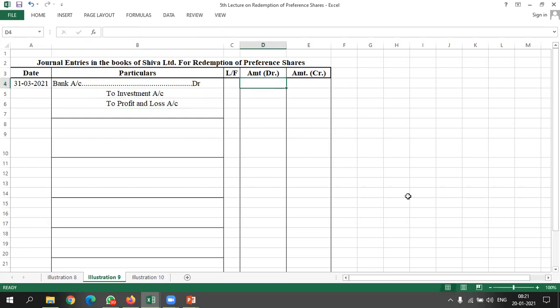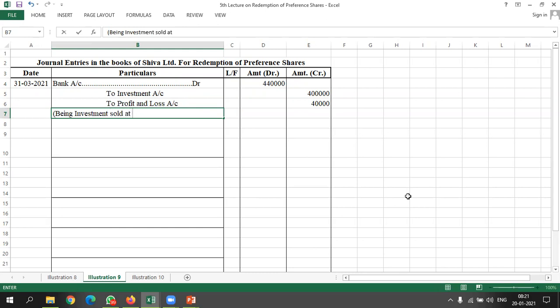So we sold an investment of rupees 4 lakh. We made a profit of 40,000. So in total we got 4 lakh 40,000. So here I can say: being investment sold at 10% profit.